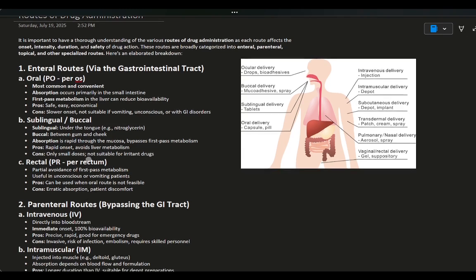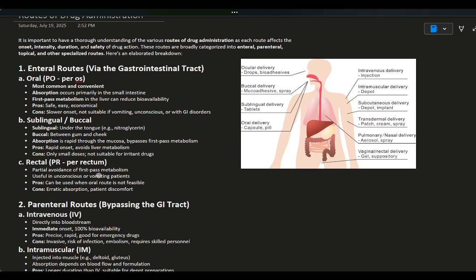So just to review, remember that if you want to provide drug to a vomiting or unconscious patient, avoid the oral route at all costs, and instead consider the rectal route.